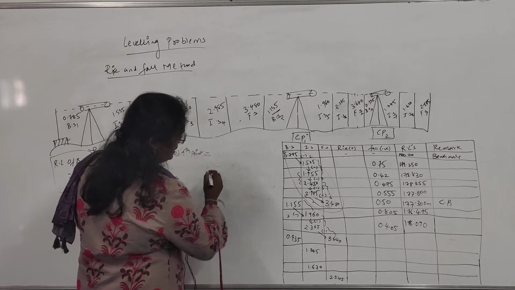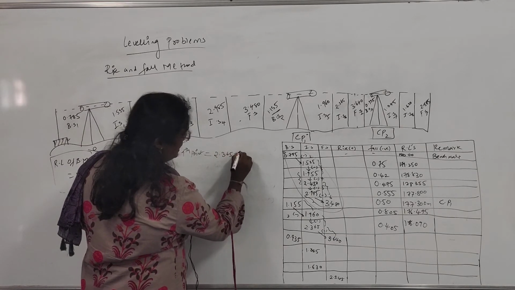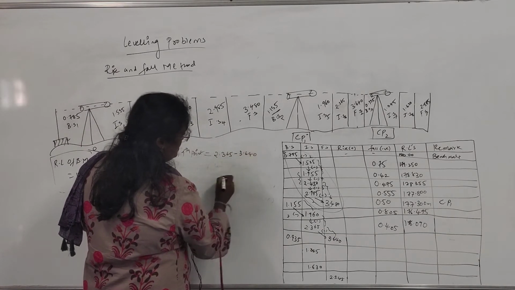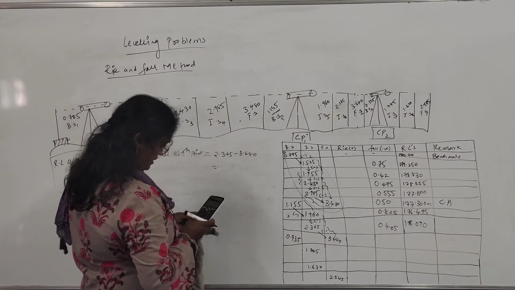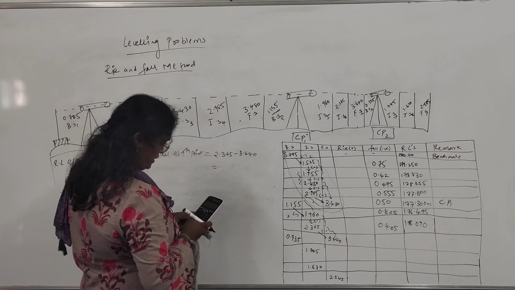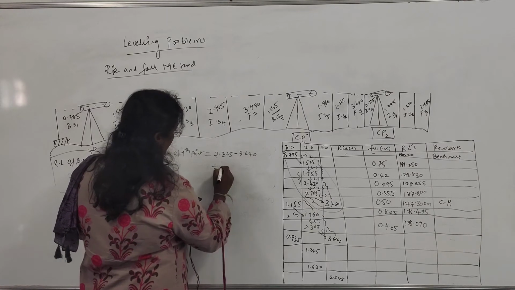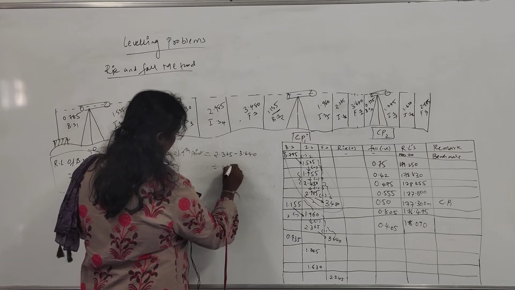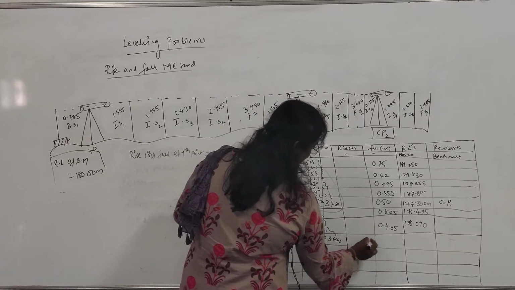That is 2.365 minus 3.640. That will give you how much? Again a negative value, 1.275. Right?